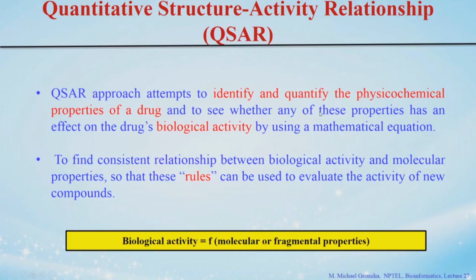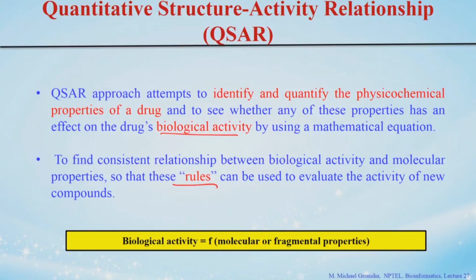This QSAR approach tries to identify and quantify the physical chemical properties of a drug, and whether these properties can affect the drug's biological activity using any set of equations, whether linear or nonlinear equations. To identify the consistency of this activity and the properties, we can set a kind of rules and evaluate the activity of new compounds.